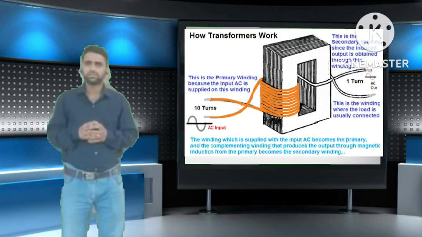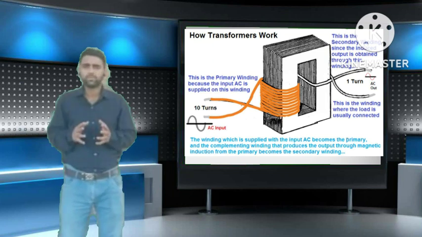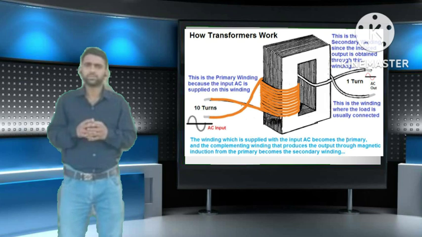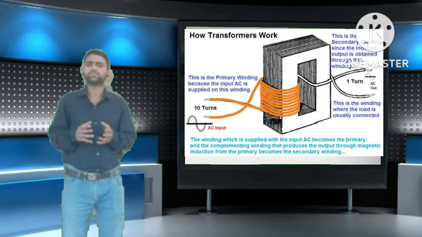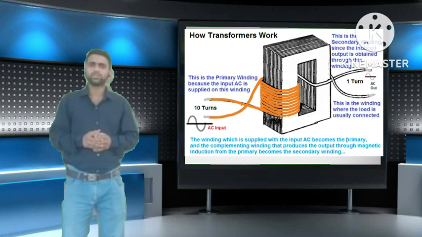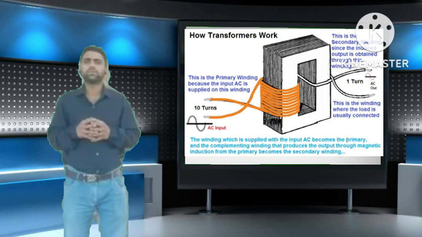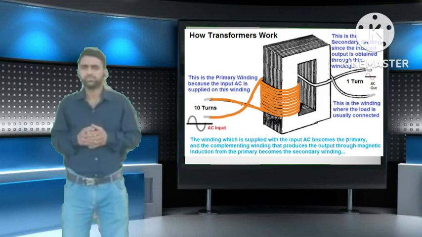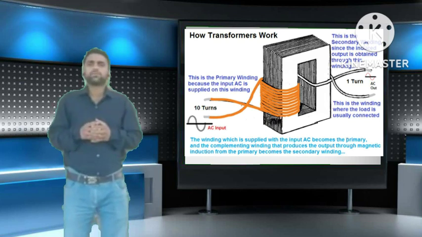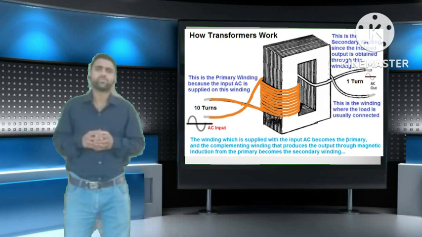For better understanding, we are trying to repeat the above explanation in a more brief way. If we apply alternating current to an electric coil, there will be an alternating flux surrounding the coil. Now, if we bring another coil near the first one, there will be an alternating flux linkage with the second coil.